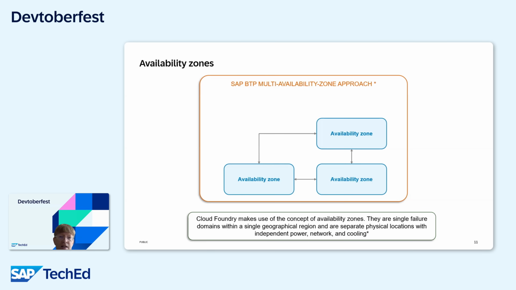And if one of these availability zones goes down, there's another one there that can pick up the slack. Now, this isn't a form-specific function. This is something that we inherit from BTP. And there are a lot of features and functions where we benefit from general functionality that we get from BTP.